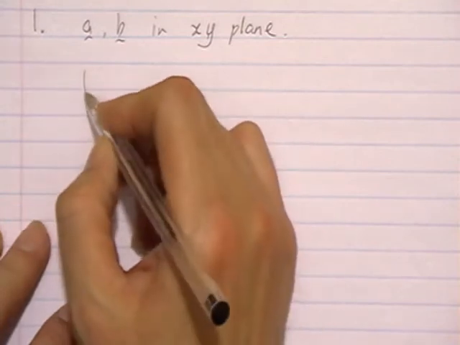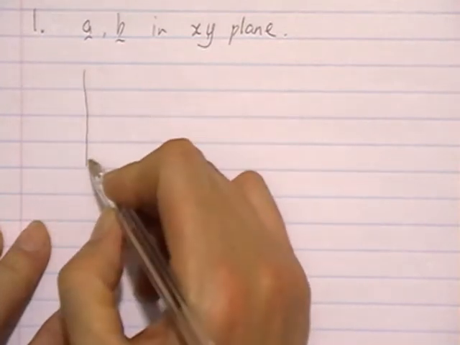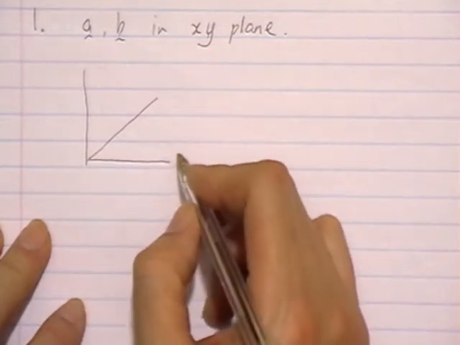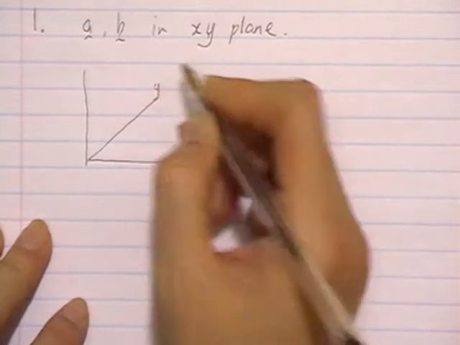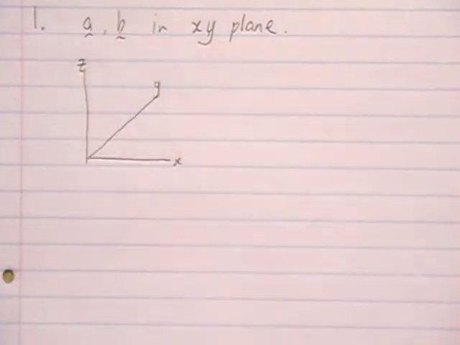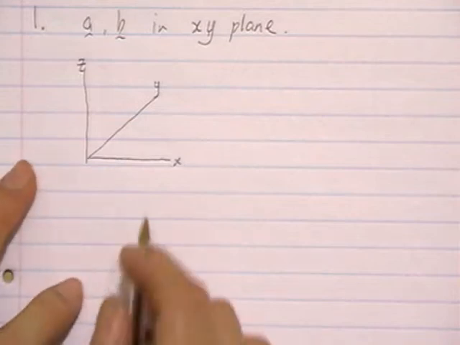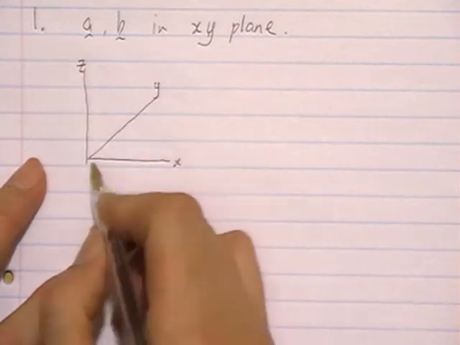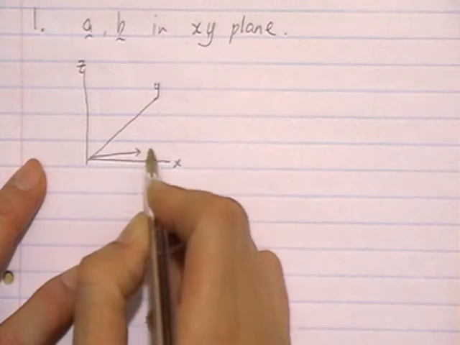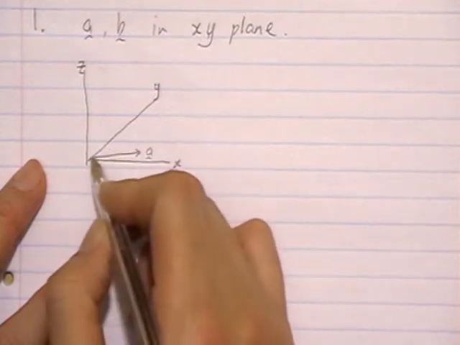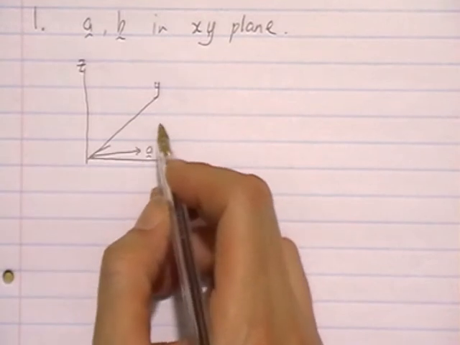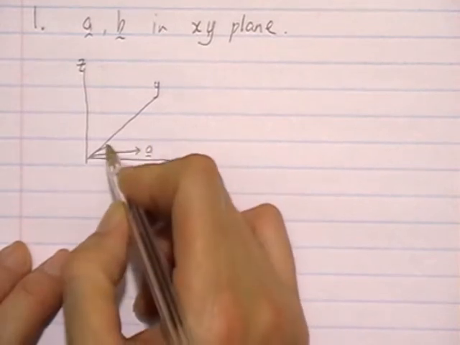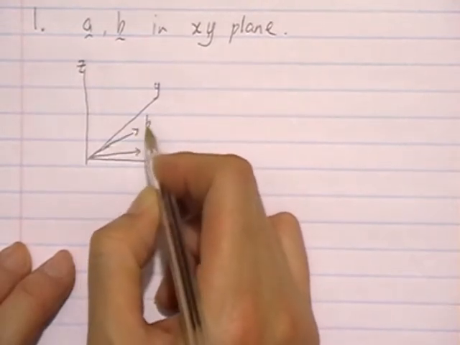All right, first I'll try to draw a 3D picture to show what I'm trying to do. So these are the x, y, and z axes, and suppose that A is this vector and B is that vector.